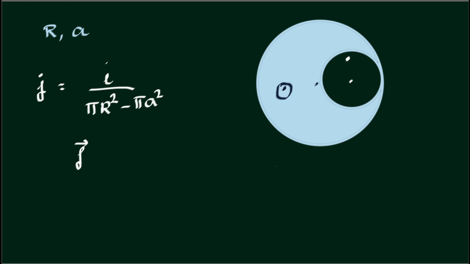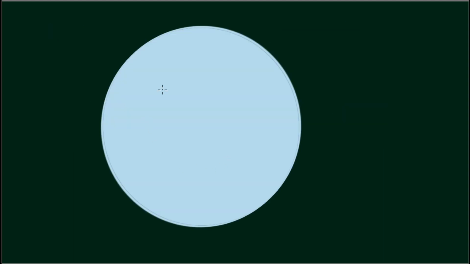But before we do that, let's find the magnetic field at any point inside a cylinder carrying current spread uniformly across its cross section. So this is the cross section of a current carrying cylinder. Let us say we wish to find the magnetic field at a distance small r from the axis of this cylinder.